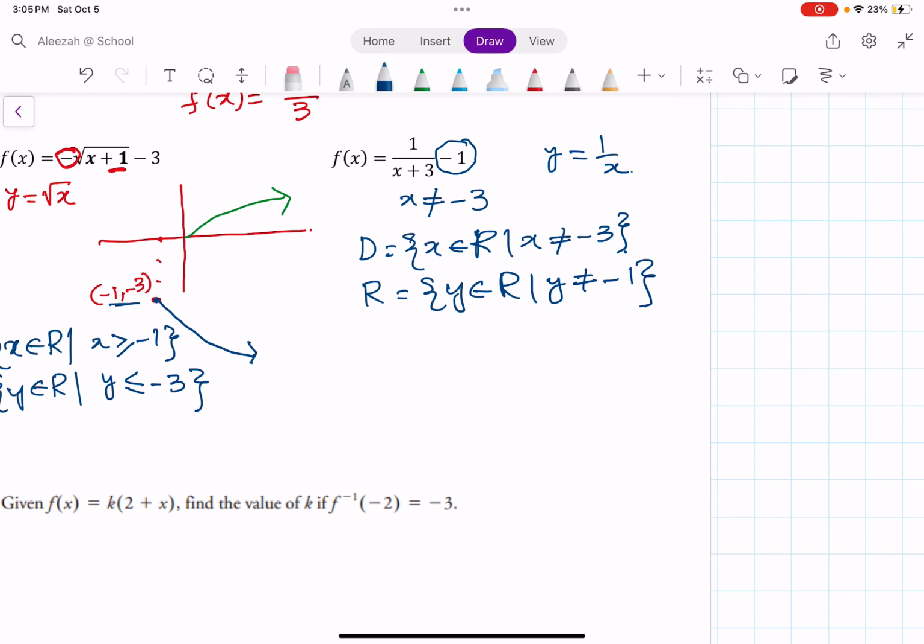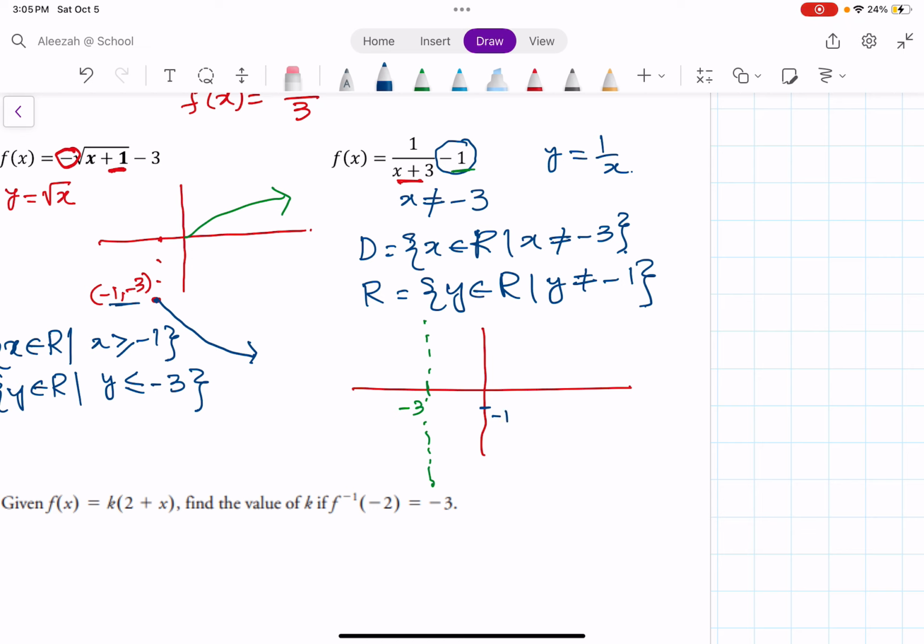And if you have to graph this function, you will draw your axes, and then there's a vertical asymptote at -3. So you'll draw the vertical asymptote at -3, and your horizontal asymptote will be at -1.